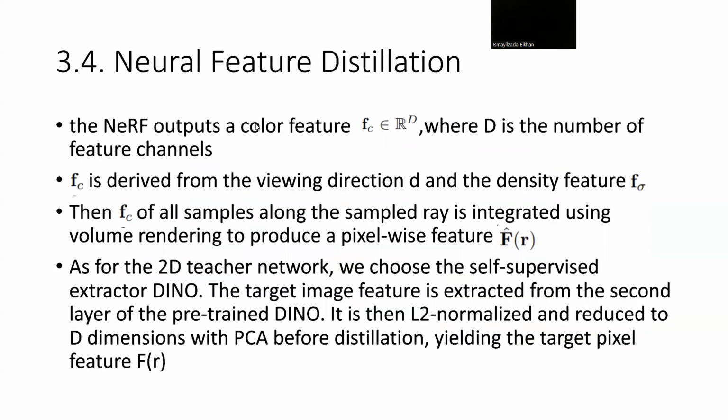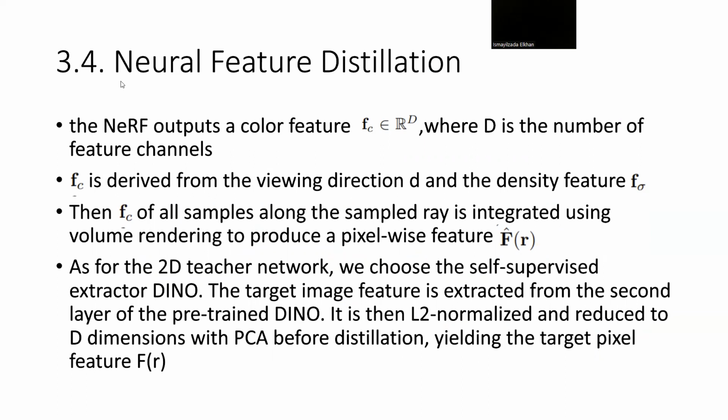Typically the purpose of this neural feature distillation component is that NeRF just models X coordinates to color and volume density, but they claim that just getting color is too naive, so they tried to capture more information.